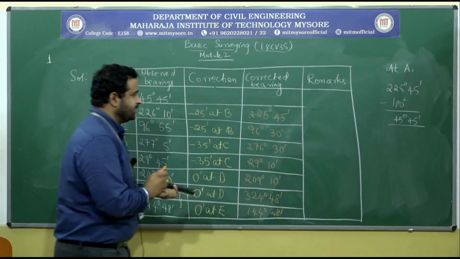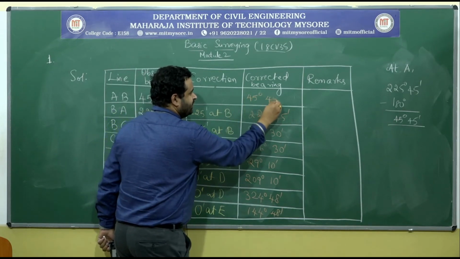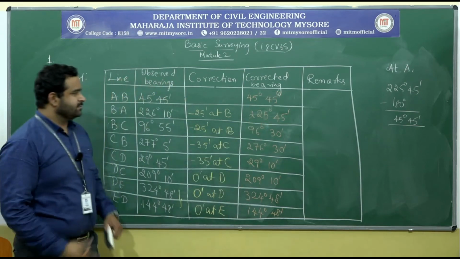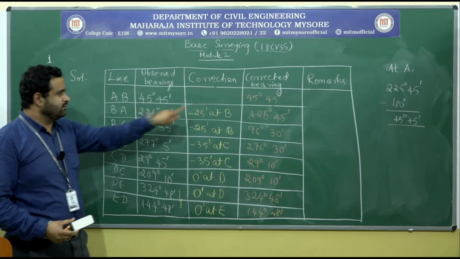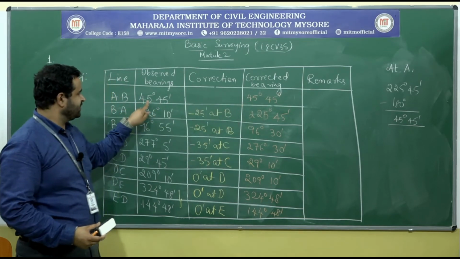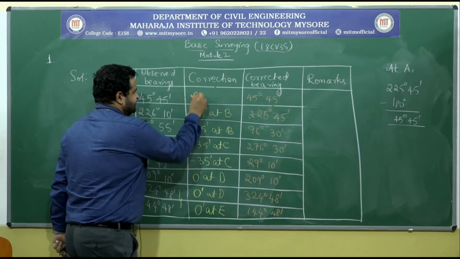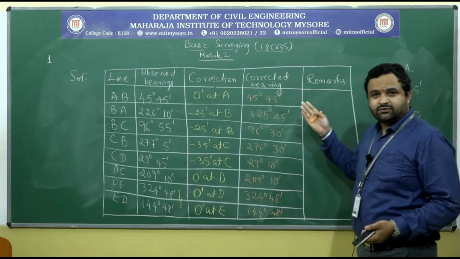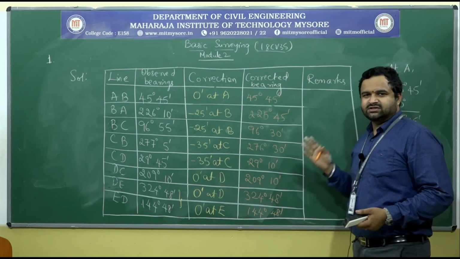This is the corrected bearing, that is 45 degrees 45 minutes. So, if you take difference between this and this, you will get the correction. 45 degrees 45 minutes minus 45 degrees 45 minutes will give you 0 minutes at A.